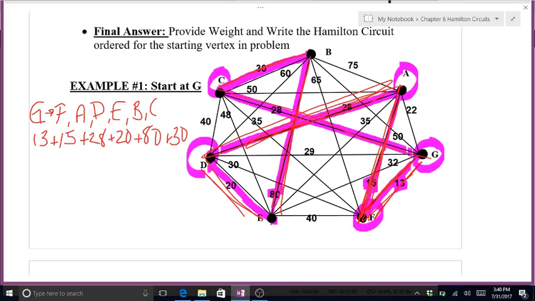And C goes back to G with 28. And finally, our last step is to add it all together. 13, 15, 28, 20, 80, 30, 28, 214.